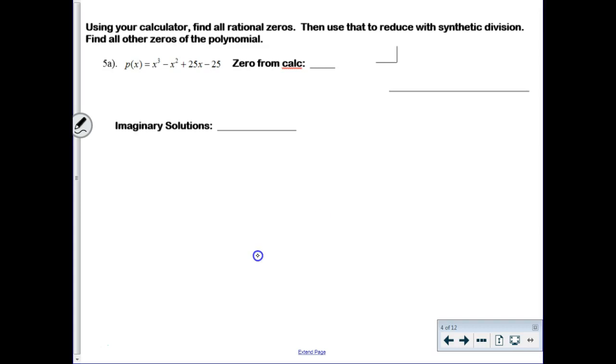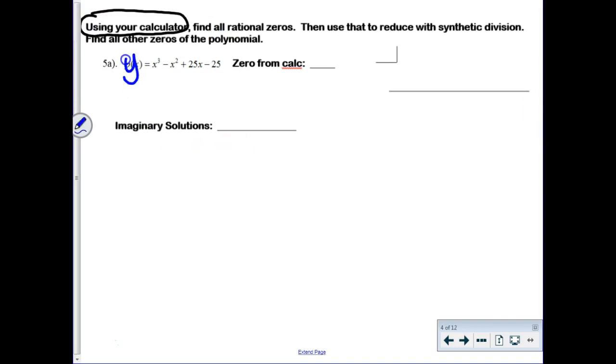Alright, so now we're going to execute the fundamental theorem. We're going to start with a higher powered polynomial that we cannot factor, or at least I'm not going to ask you to factor it, and you're going to use synthetic division to break it down to a quadratic, and then you're going to find the rest of the answers for me. So first thing you're going to do is use your calculator, and then find all rational zeros, or find a rational zero.